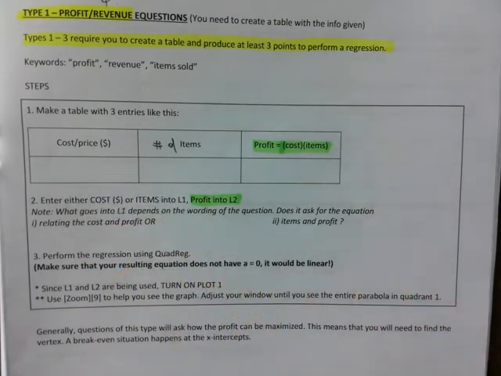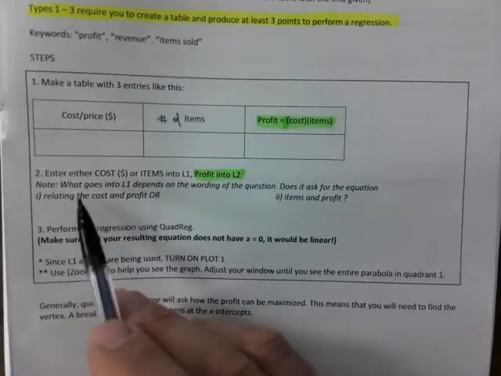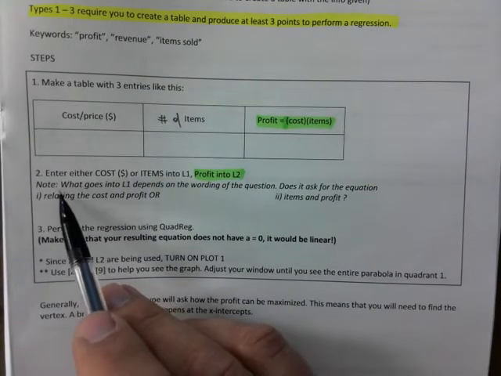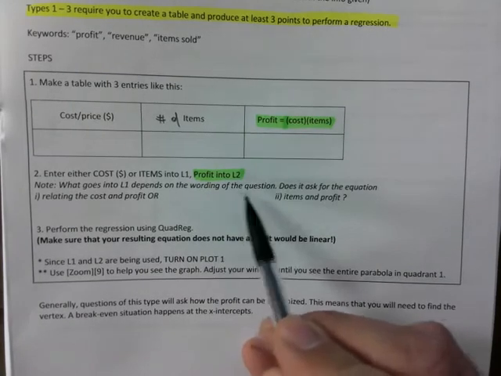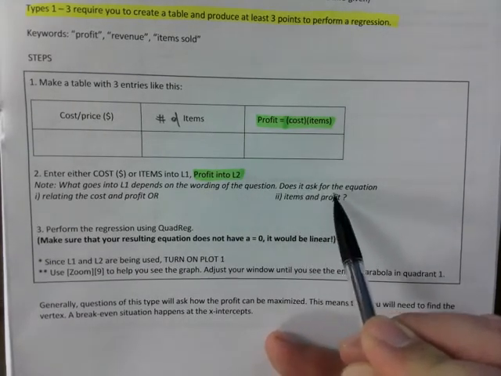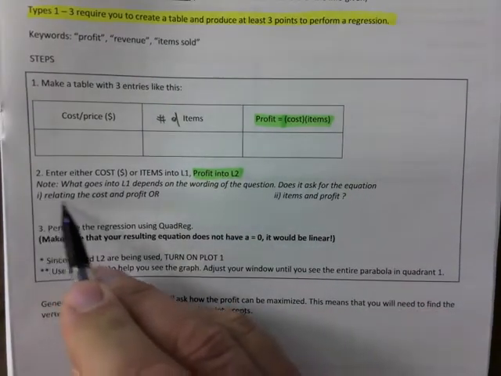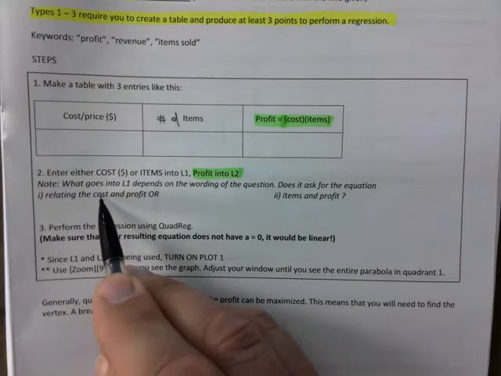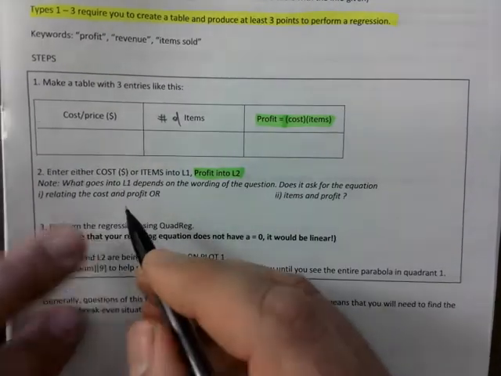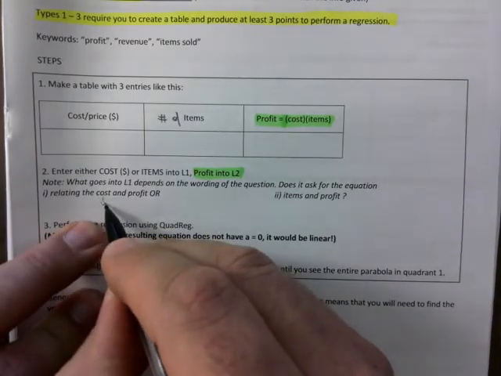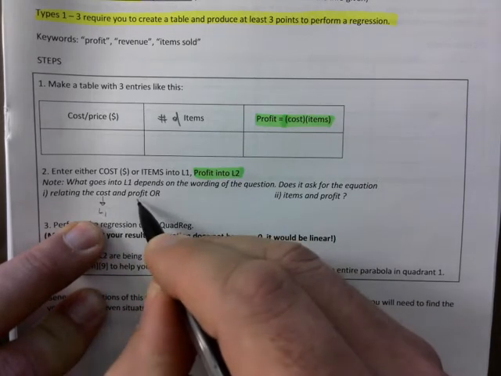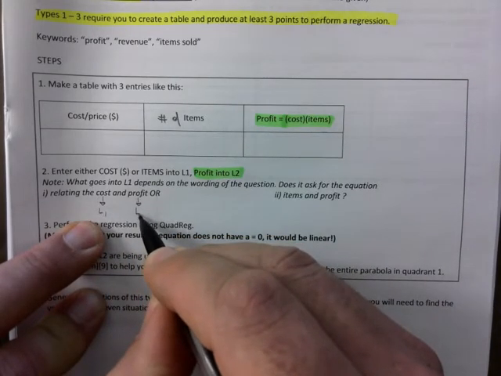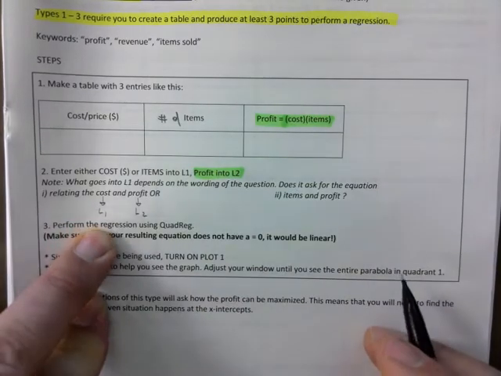The question will kind of give that away, okay? Note, what goes into L1 depends on the wording of the question. Does it ask for the equation relating the cost and the profit? Then you would be putting the cost into L1 and then profit into L2, okay?